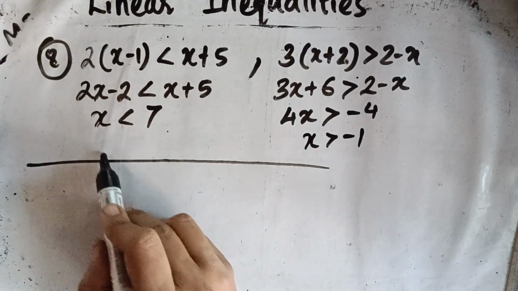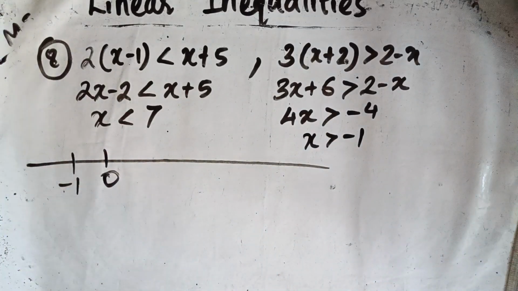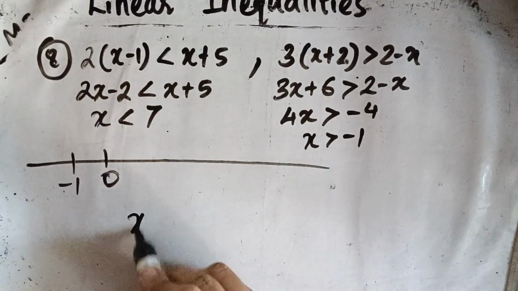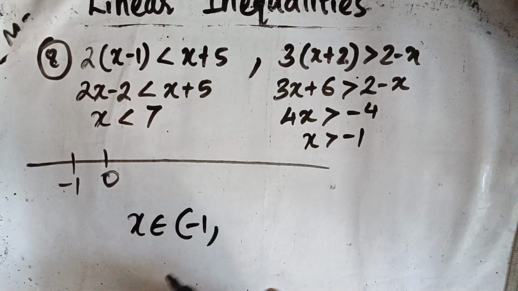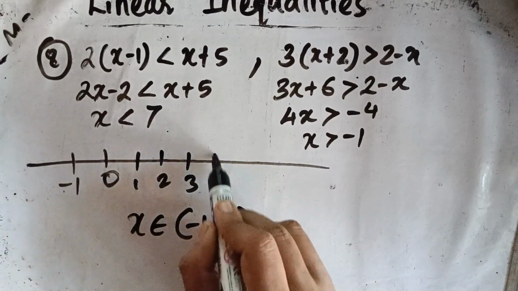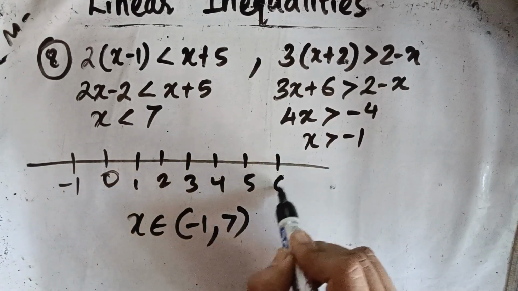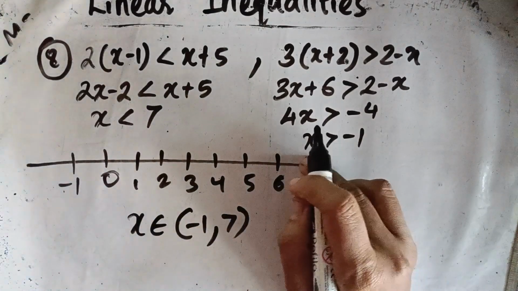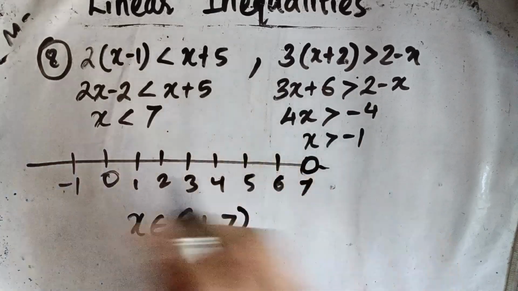So x is greater than minus 1 and less than 7. Okay, both numbers are not included.